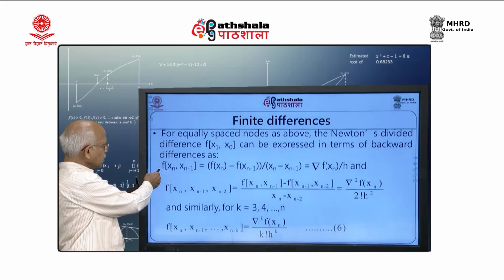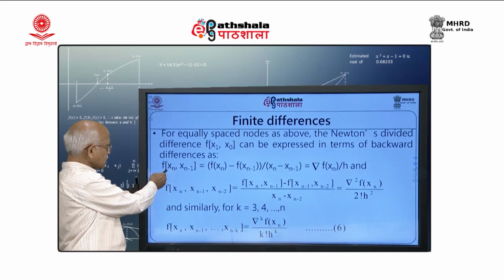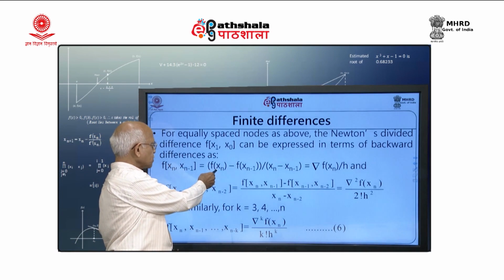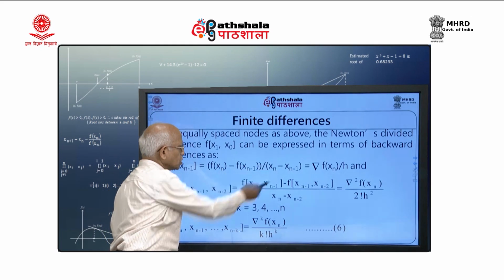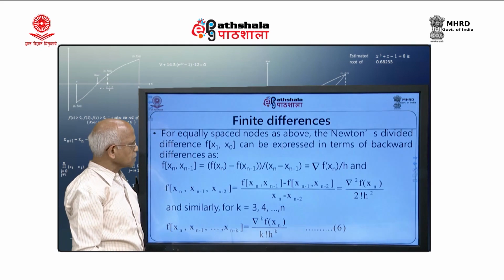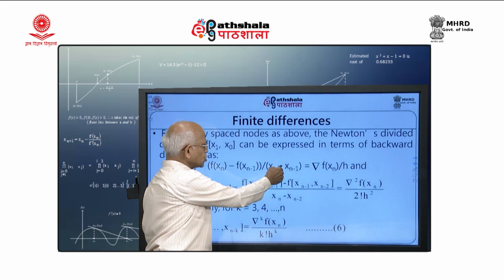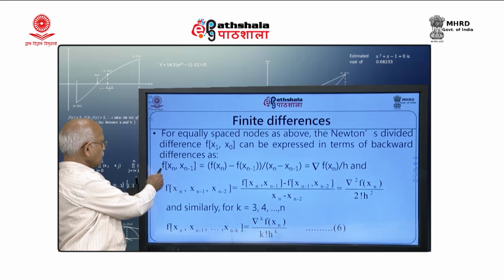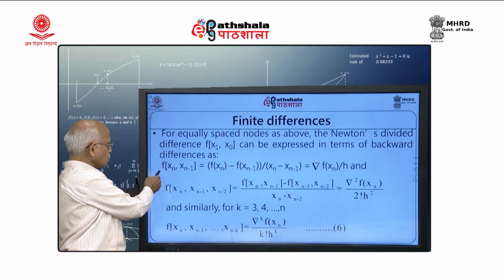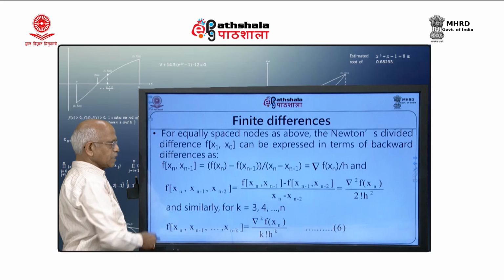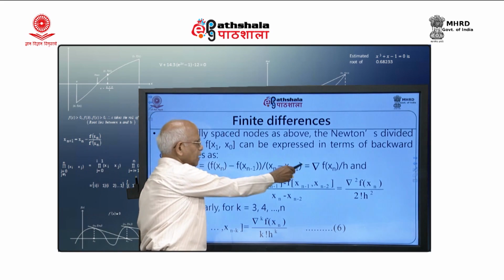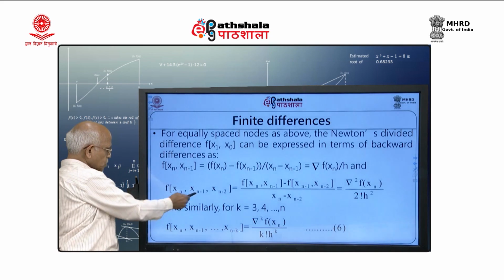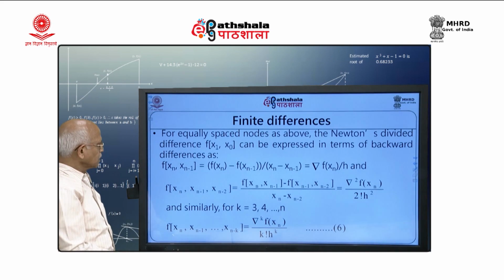So we consider the divided difference of f on x_n and x_{n-1}, which is given by f(x_n) minus f(x_{n-1}) divided by x_n minus x_{n-1}. But this denominator is h, and the numerator is nothing but del f(x_n). So the divided difference of f over x_n and x_{n-1} is given by del f at x_n divided by h.